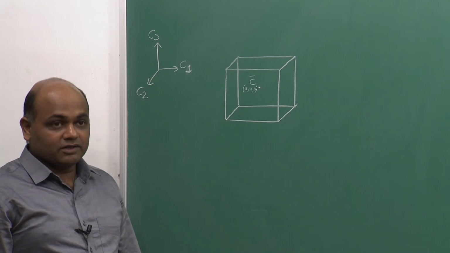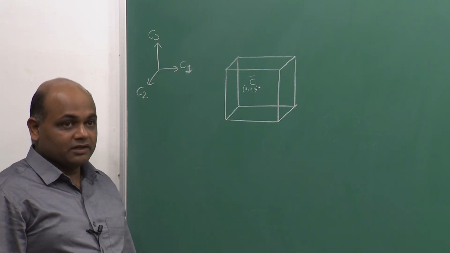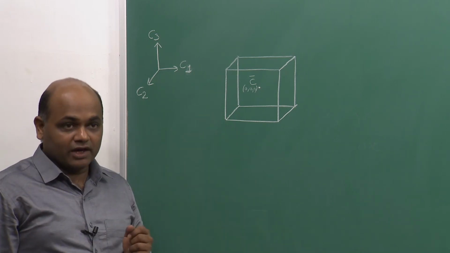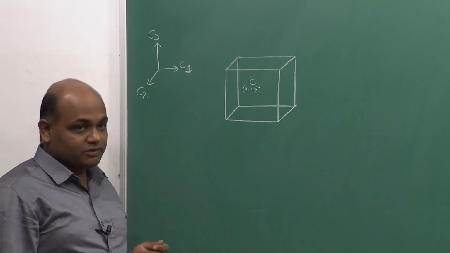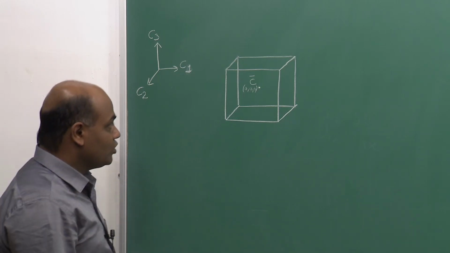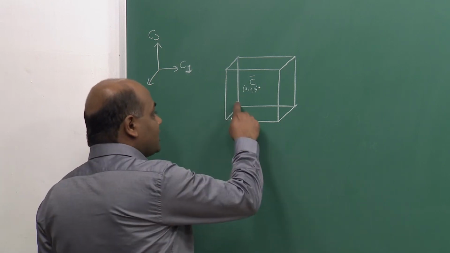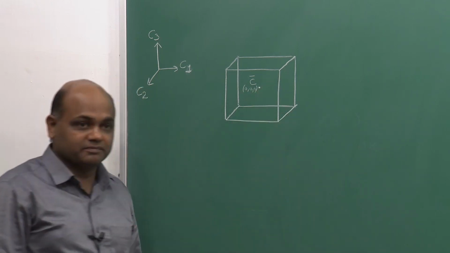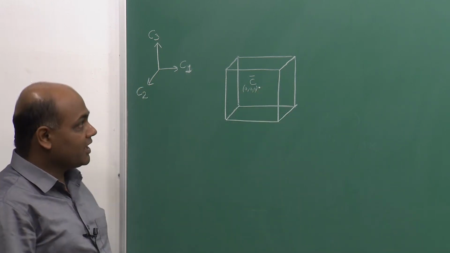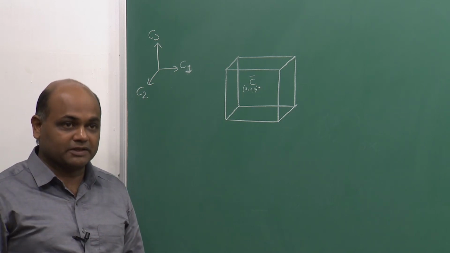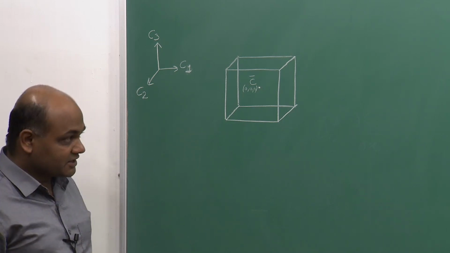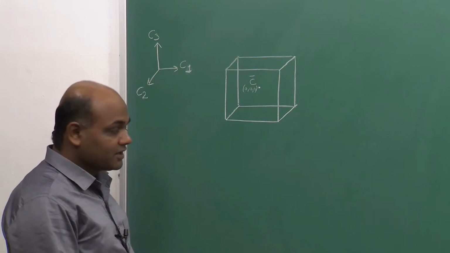In the body diagonal diffusion couple approach, the two terminal alloys of a diffusion couple are selected from two ends of a body diagonal of this cube, and that is why the name body diagonal diffusion couples. Why it is significant, you will realize soon.